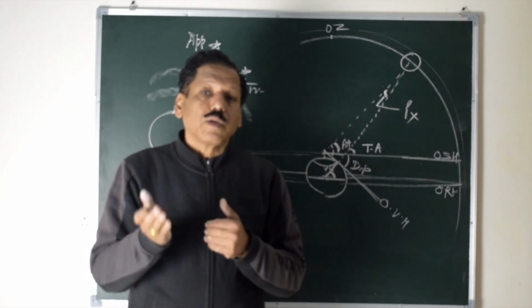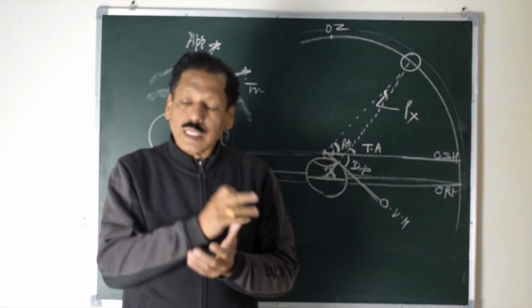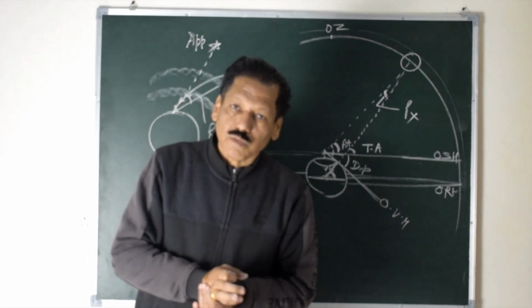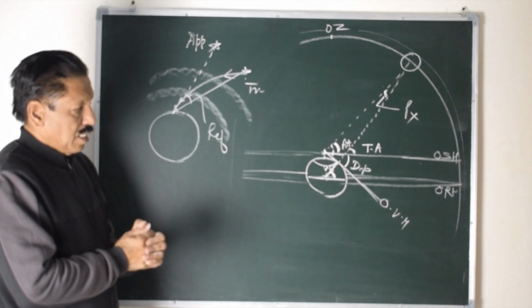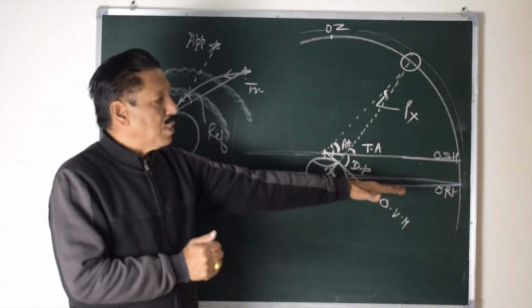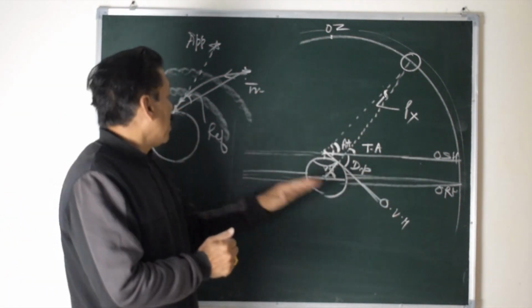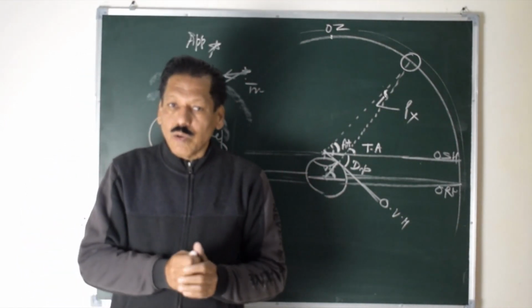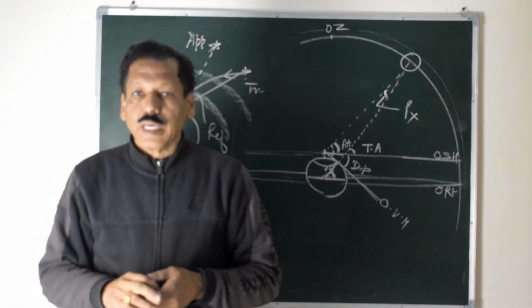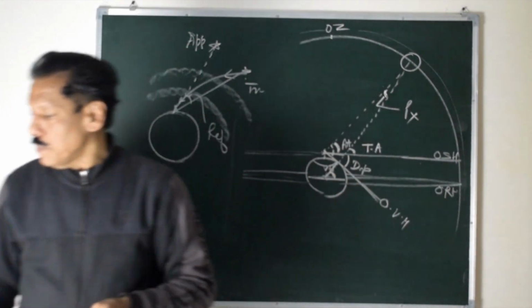And if the body had to cross the meridian from your zenith, then refraction correction would be 0. So summarizing these three main corrections: dip always negative, parallax always positive, and refraction always negative. Now we'll look at all these corrections in a summary form when I make the table.